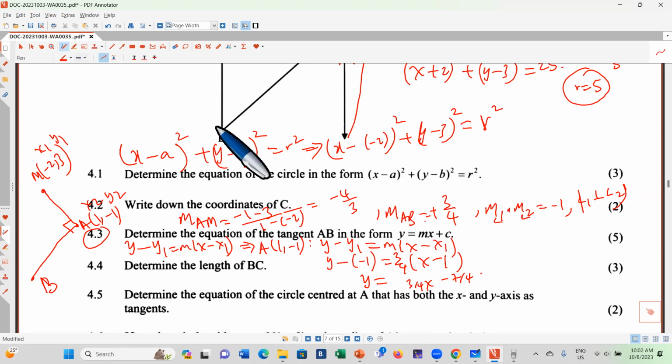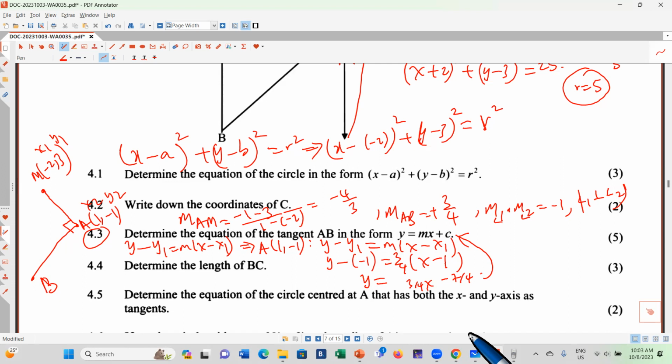So we have found the equation of the tangent in the form y equals mx plus c, and that's the answer. We have this.